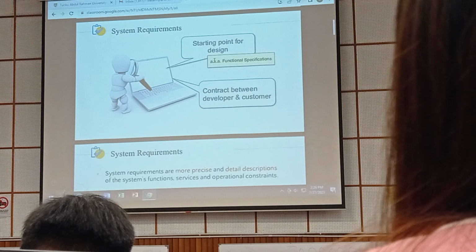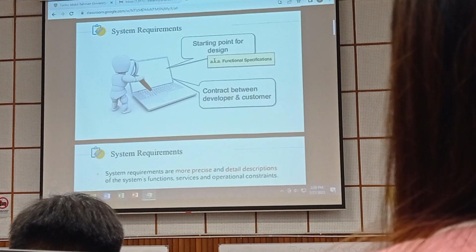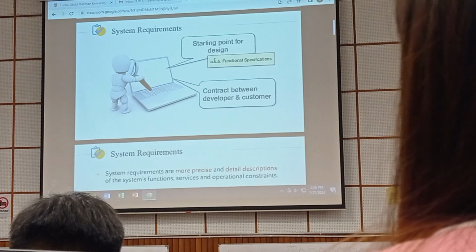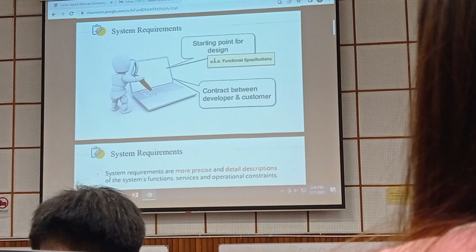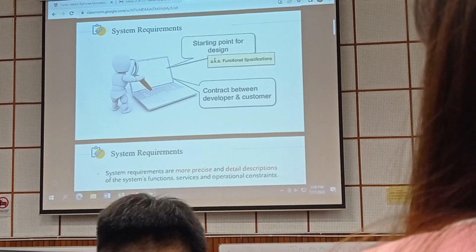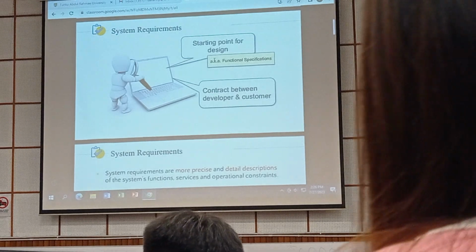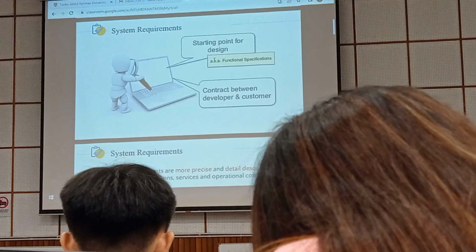How can you classify this? Based on the behavior, right? How the system behaves. That comes from the system requirement. Understand? So system requirement tells how the system behaves, the behavior of the system.